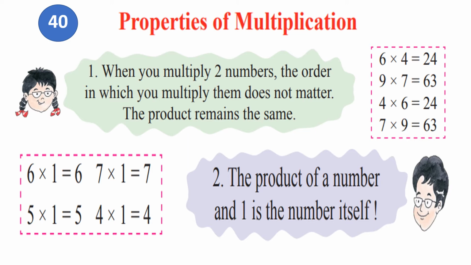That's why we say the product of a number and 1 is the number itself. The result is the same. Any number multiplied by 1 is the number itself.